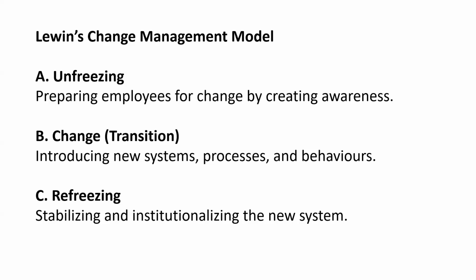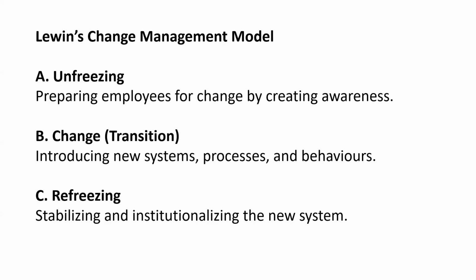Transition means that you are now introducing the new system, the processes or the behavior. And then you refreeze: after you have implemented it, you tell them that, look, moving forward, this is what we are going to do. So it means taking the old system off, bringing the new system, and then ensuring that there is stability for the new system. That is Lewin's change management model.